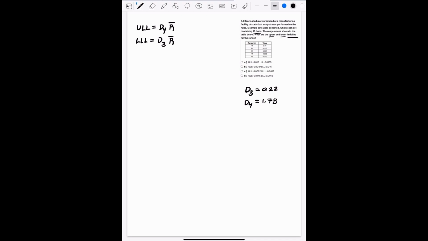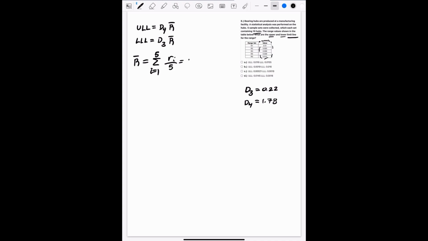So, okay, what's next? We need to find the R bar value, where R bar is defined as the summation from i equals 1 to 5 in this case, because there's 5 sample sets, of the individual values given here divided by 5. So you're sort of getting the average value for these sets.